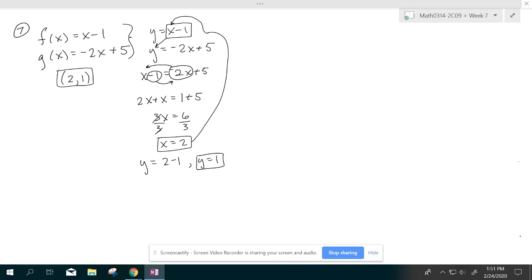And guess what we're going to do to verify that? I'm going to go back to these original functions, and I'm going to graph them. Just for fun. This is just for fun now, okay? Just to see if the graph verifies what I did algebraically.